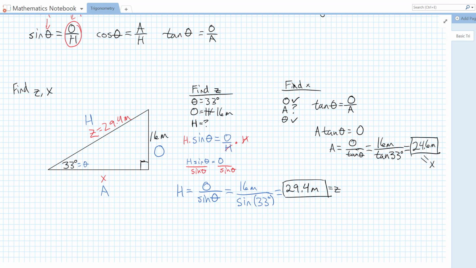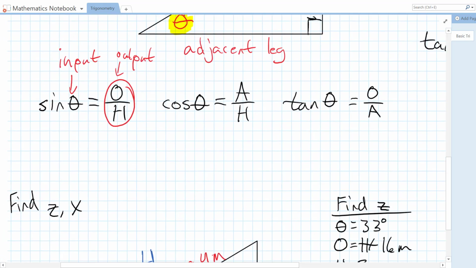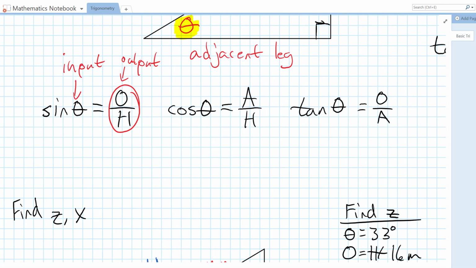Now these trig functions are going to have to be memorized, but there is a little mnemonic to help us memorize. I'm going to zoom in on our trig functions so we can write out that mnemonic. We're just going to write out the first letter. Sine of theta equals opposite over hypotenuse, so we're going to remember that as SOH.